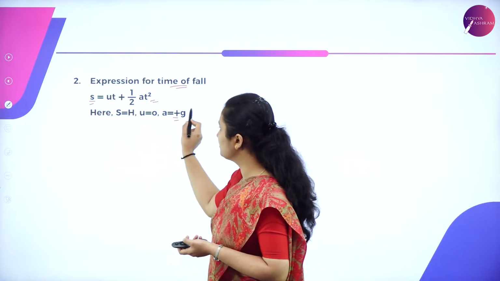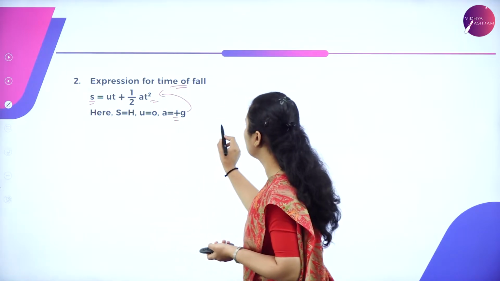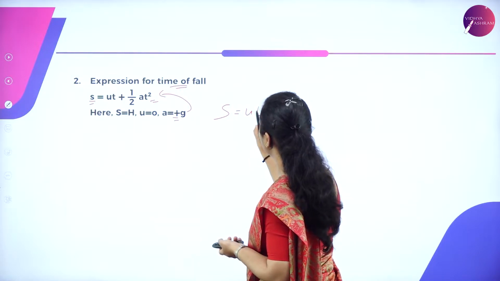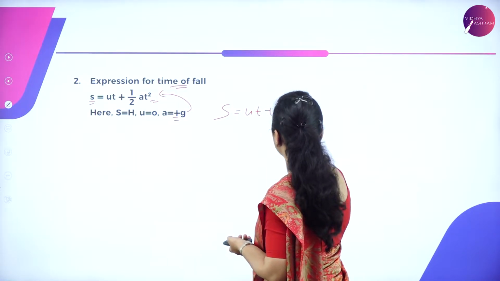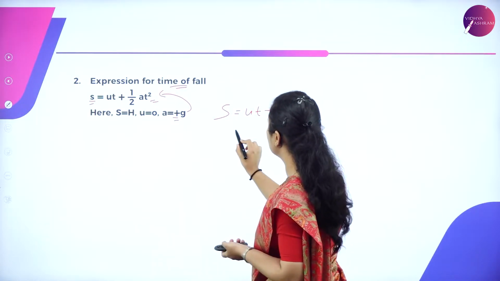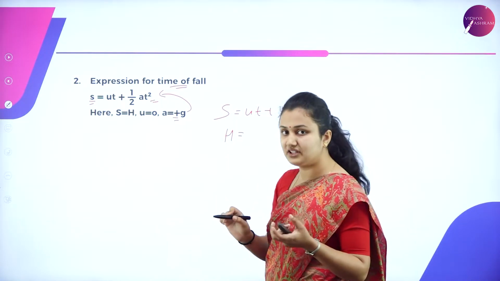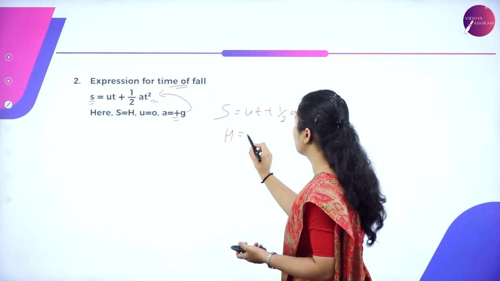So on substitution in this equation, you will get S is equal to ut plus half at square. That means S is replaced by h. When you talk in terms of gravity, for a freely falling object, S is equal to h.